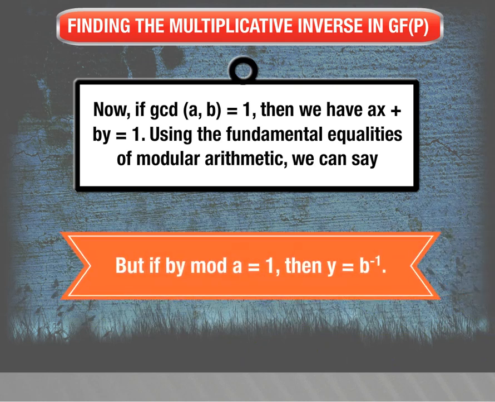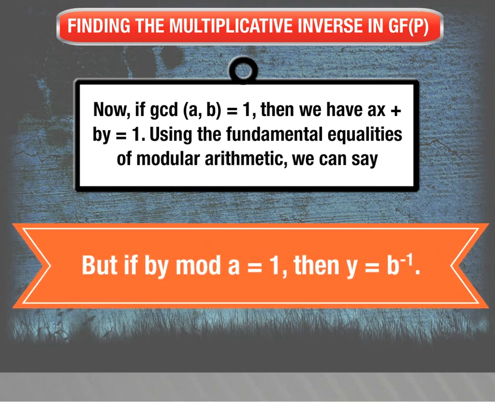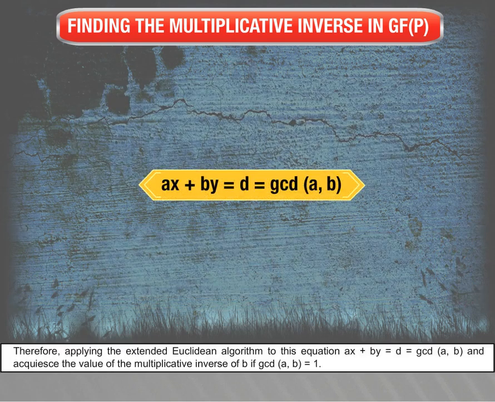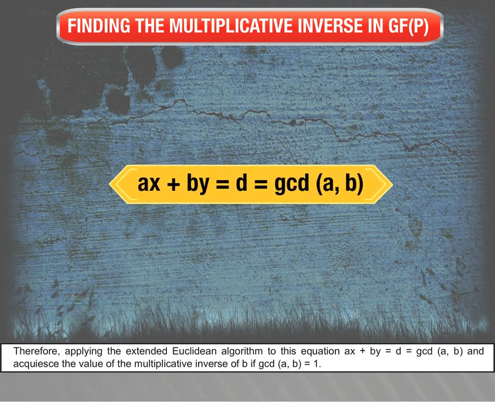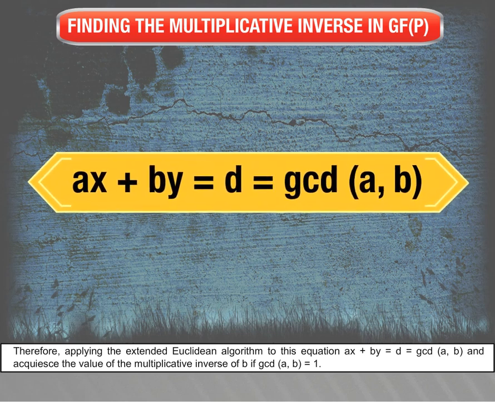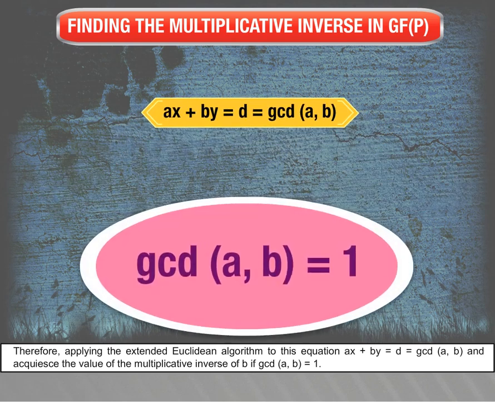But if by mod a is equal to 1, then y is equal to b inverse. Therefore, applying the extended Euclidean algorithm to the equation ax plus by is equal to d is equal to gcd(a, b) gives the value of the multiplicative inverse of b if gcd(a, b) is equal to 1.